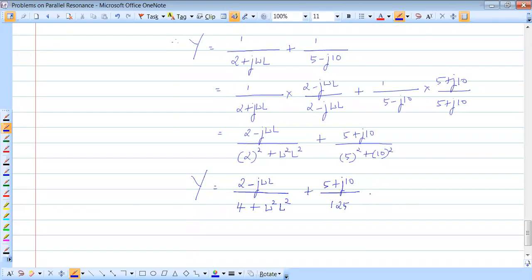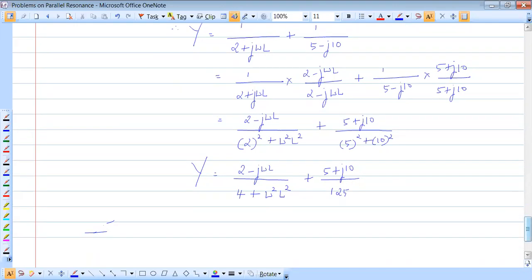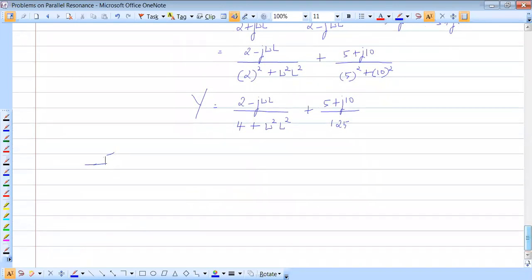Now what you have to do is separate the imaginary and the real terms. So let's do that here.